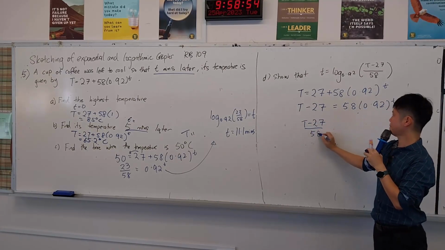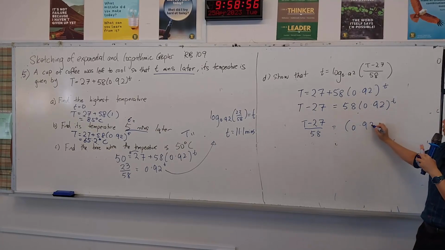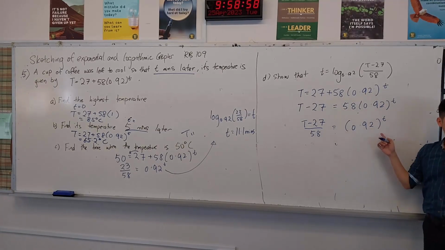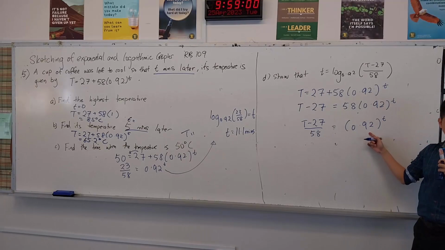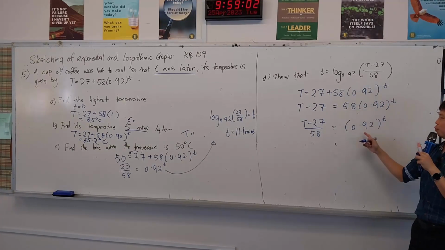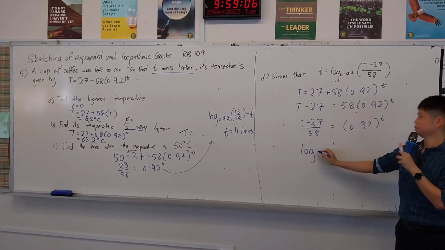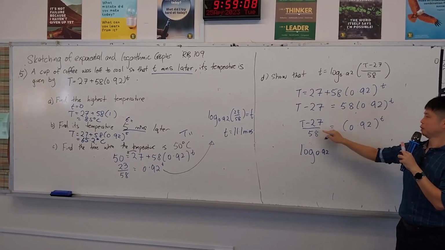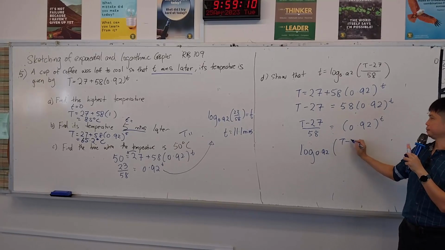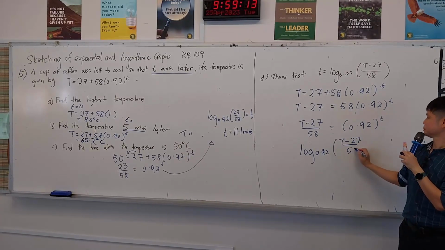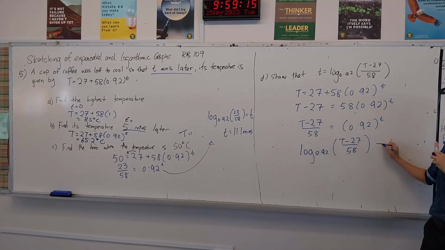You get the equation, minus 27 both sides and divide by 58 on both sides. So 50 minus 27. Again, in order to change to this, I will change to logarithmic form. Log base 0.92, and then on the other side, equals to t. All right. Okay, can we stop?